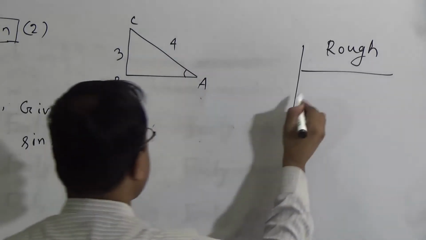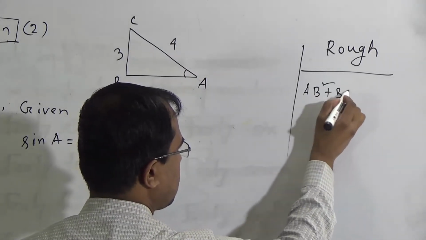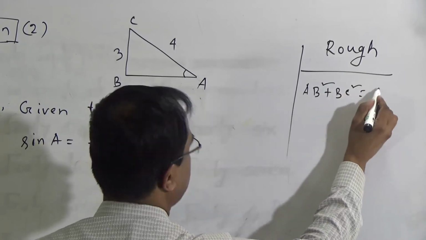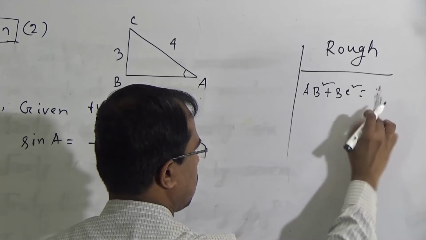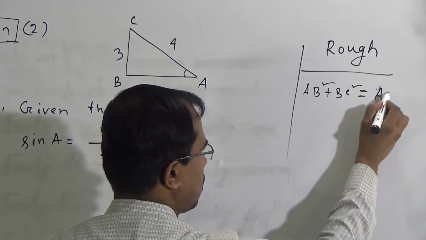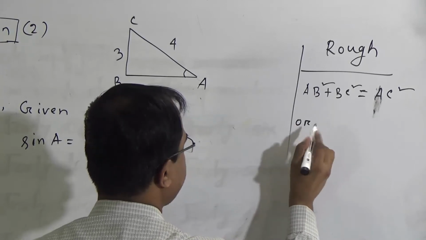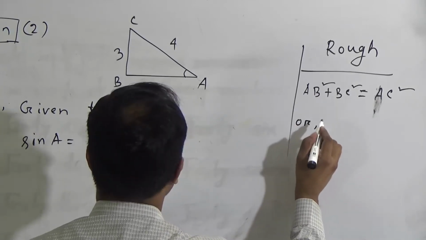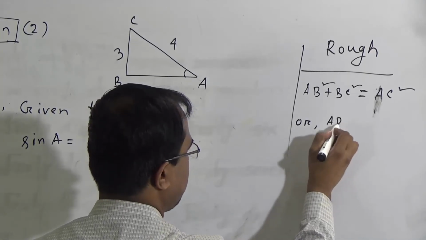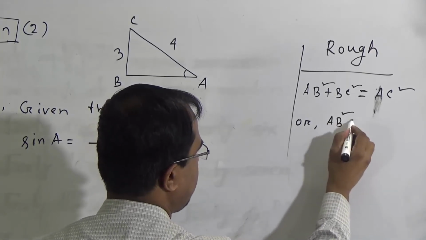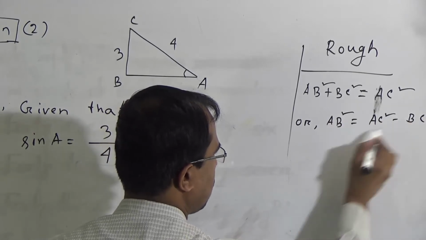That means we can write AB square plus BC square equal to AC square. We have to find out the length of AB. Now AB square equal to AC square minus BC square.